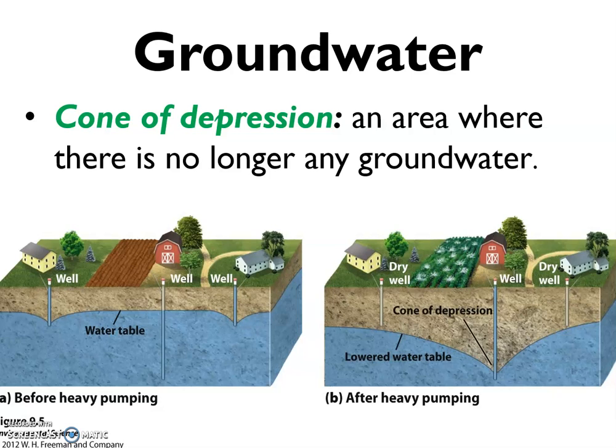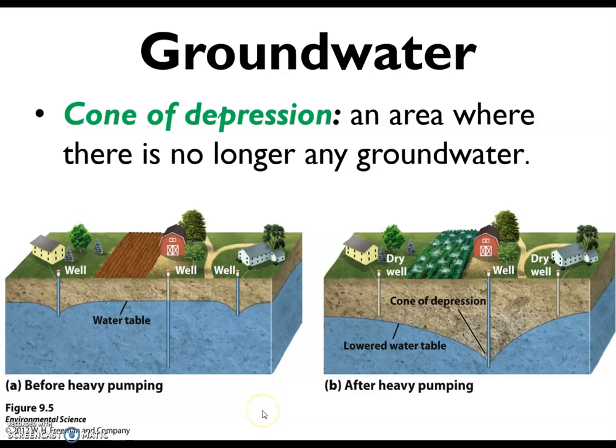You've probably heard about water restrictions, maybe people being allowed only even number houses being able to water their lawns one day, and odd numbered houses get to water their lawns another day, or even restrictions where they're not allowed to water a lawn at all.